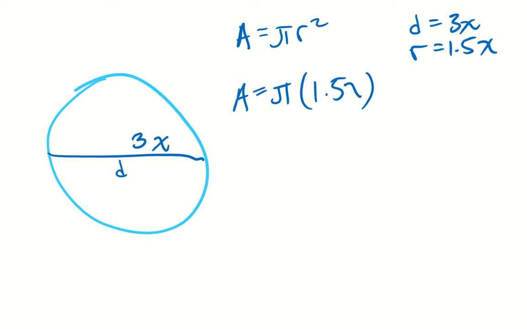You have to square both parts of this because the radius is 1.5 times x, which means you're squaring 1.5 and x. 1.5x squared would be incorrect. So then, because of the distribution of exponents, you could rewrite this as 1.5 pi x squared or something like that, and that would get you the correct answer.